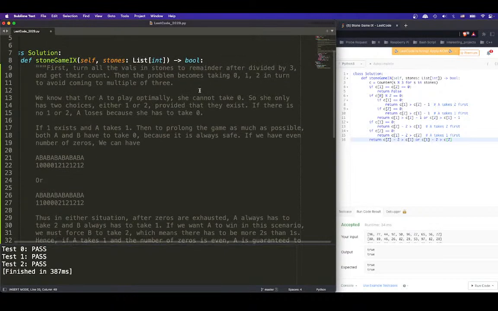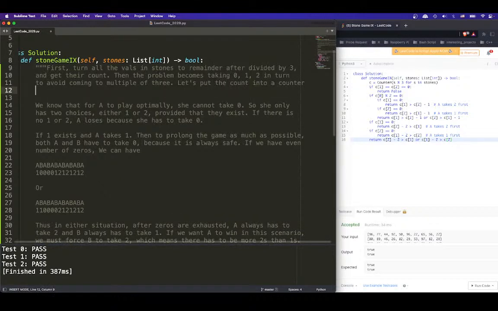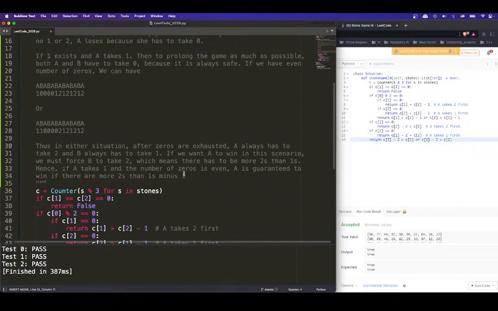I'm actually going to use a counter. Let's put the count into a counter C. Right? If we have C2 larger than C1 and C2 larger than C1 minus 1.